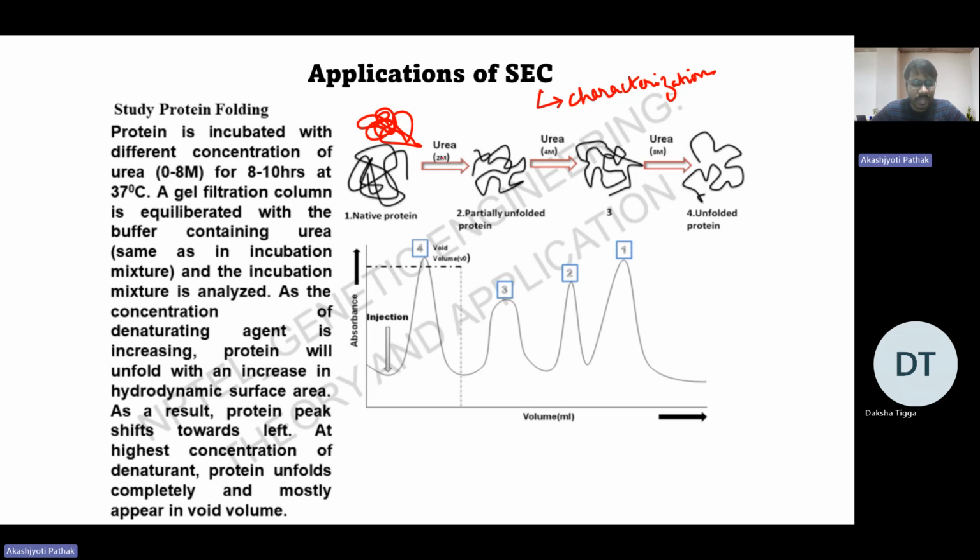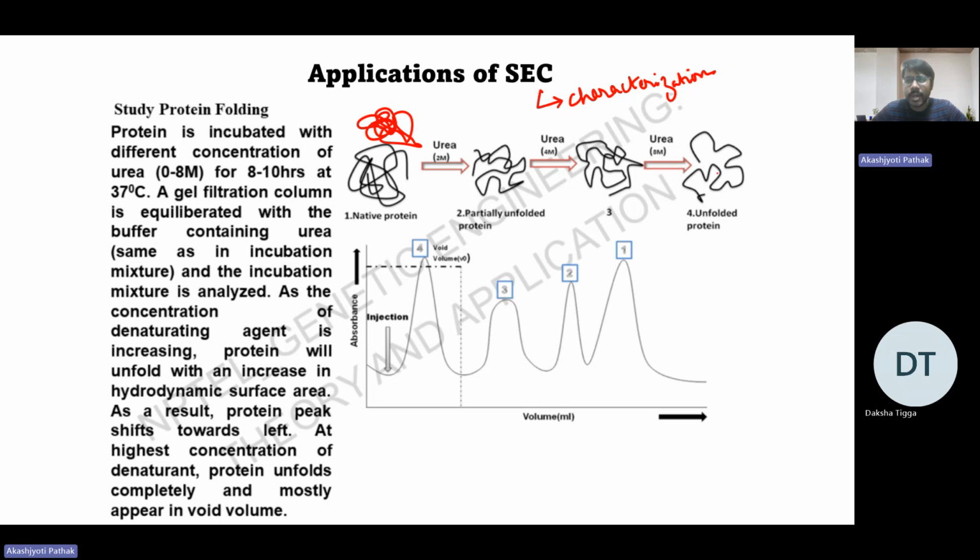Now, once you start adding urea, it will break the hydrophobic interactions, the non-covalent interactions which are holding the tertiary structure of the protein, that will get disrupted and your protein will start opening up. Once your protein starts opening up, this globular shape will get converted into a more extended random structure.